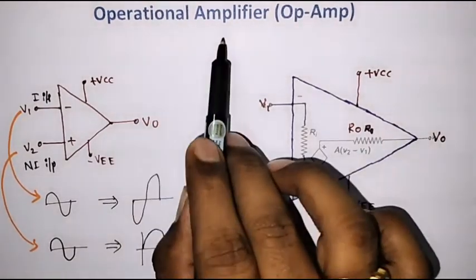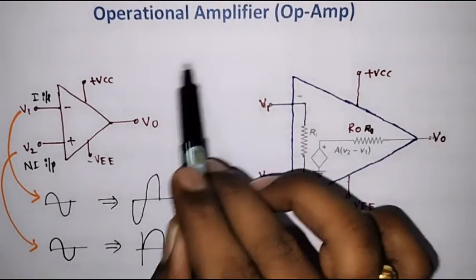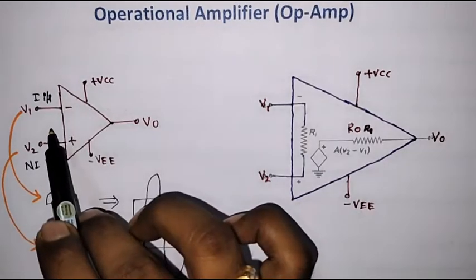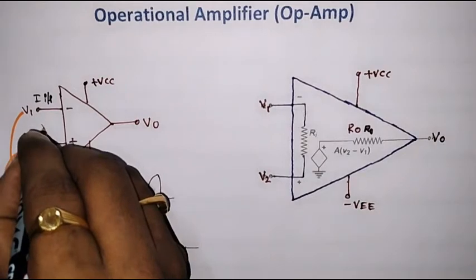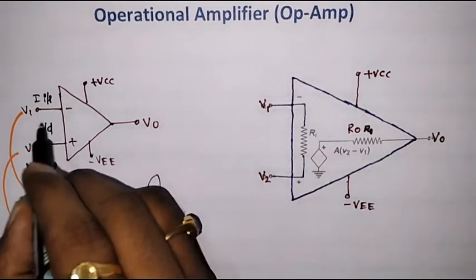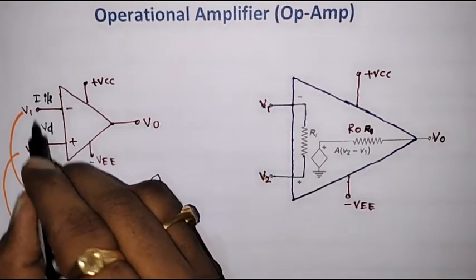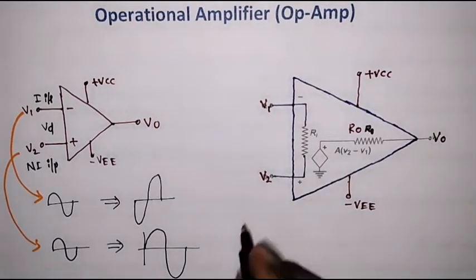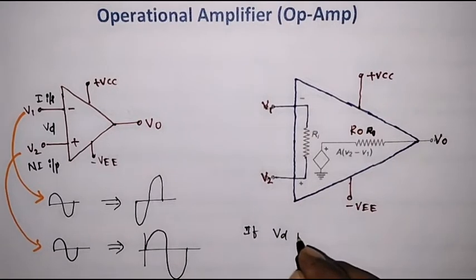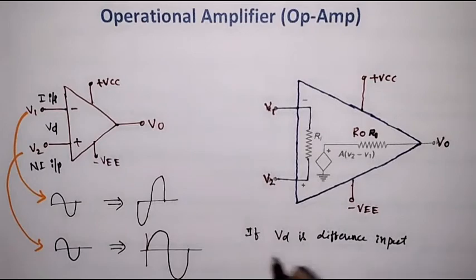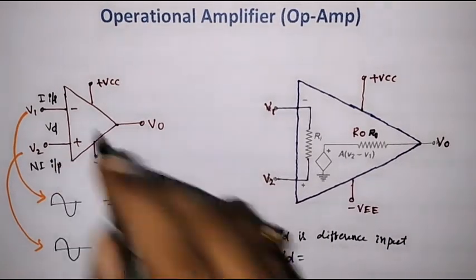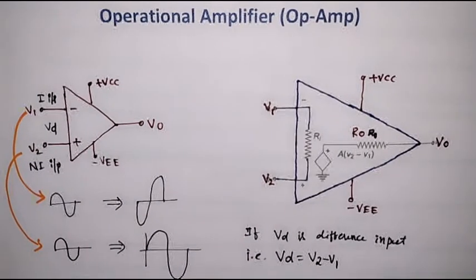Generally, the operational amplifier will amplify the difference of the input voltages. That is, suppose Vd is the difference between the input voltages V1 and V2. That is, Vd is the difference input, that is Vd is equal to V2 minus V1.